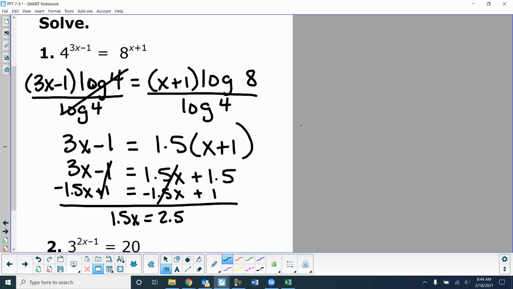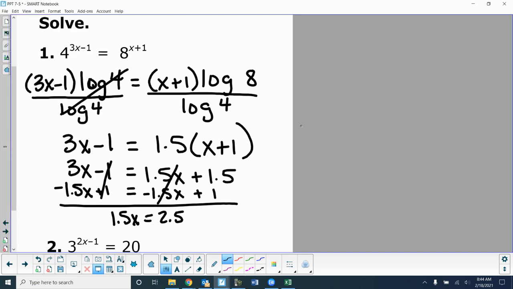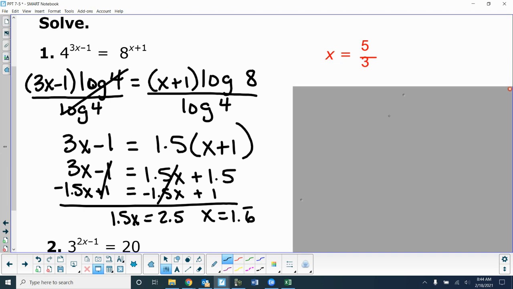And then I divide by 1.5. So 2.5 divided by 1.5 is 1.6 repeating. Anybody get that? Yes? Good. That's 5/3 as a fraction.